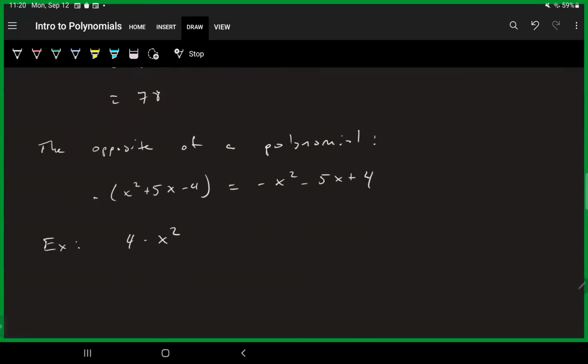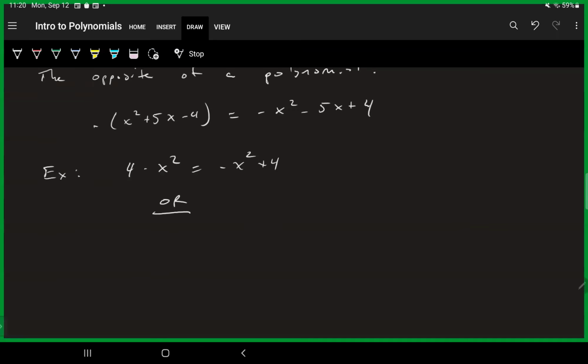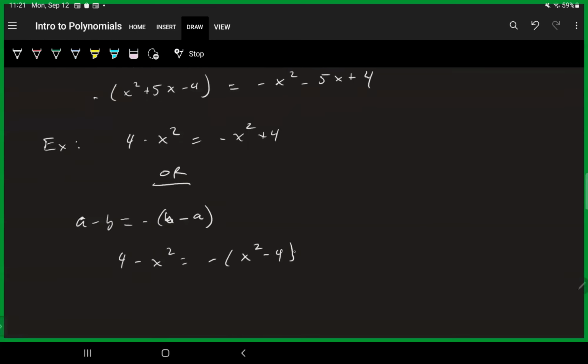If I want it in descending order, I can think about that as negative x squared plus 4, or we're going to use this: a minus b is negative a, or I'm sorry, b minus a, which is what we did above. And I could say 4 minus x squared is negative x squared plus 4. And that's how you switch the order. That's the opposite of the polynomial.